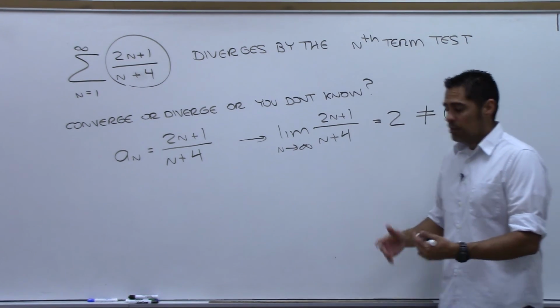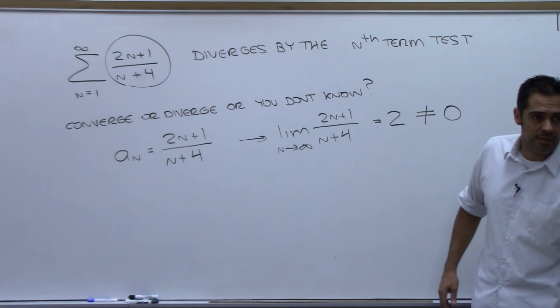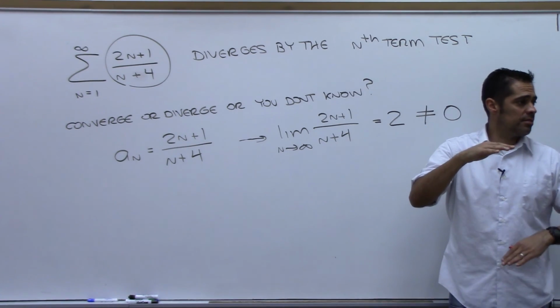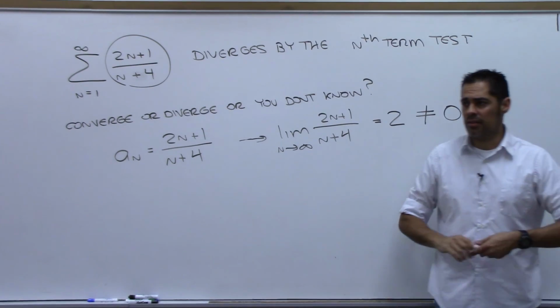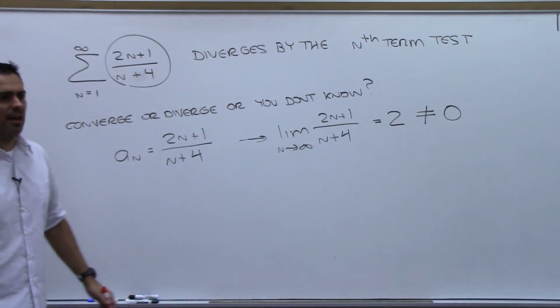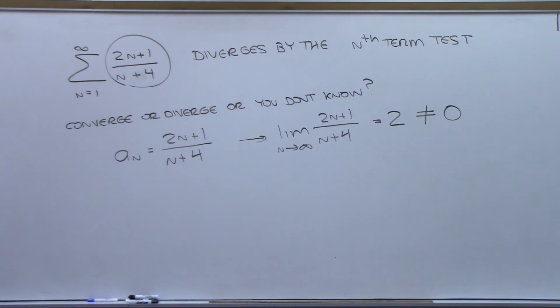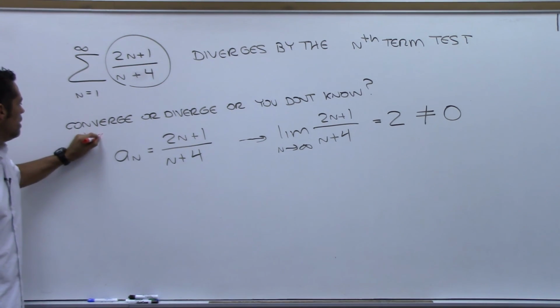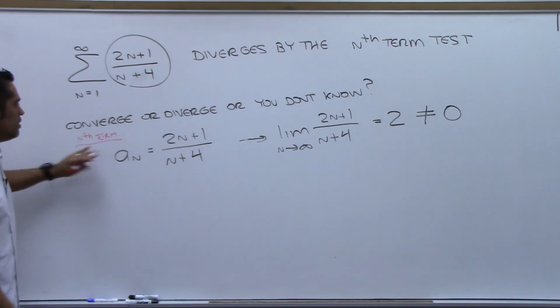Now, in fact, later on, once we get more tests, I'm going to give you a sheet that's going to have all the tests. I'll give that to you next time we meet, which will be next week, right? Thursday will be the test, and next Tuesday I'll give you the sheet. So what you'll do as time goes on is write out, first thing I'm going to try, nth term, and then show the work.